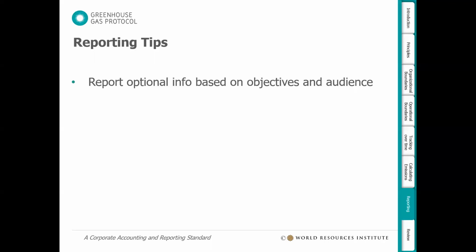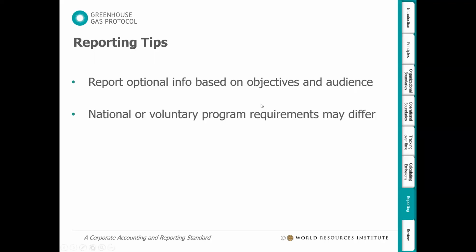Okay, so those are the various considerations that go into selecting Scope 3 categories. Further guidance on that topic is available in Chapter 4 of the corporate standard, and of course in the Scope 3 standard itself.